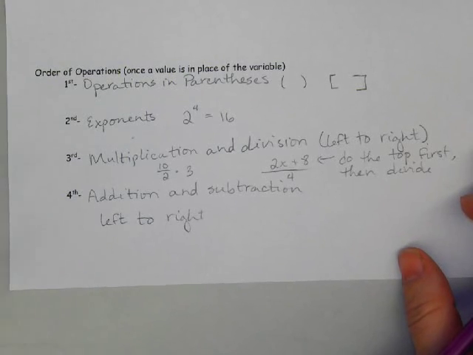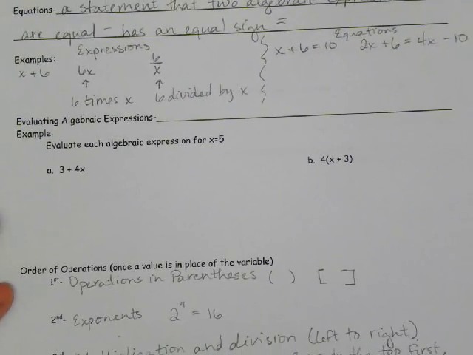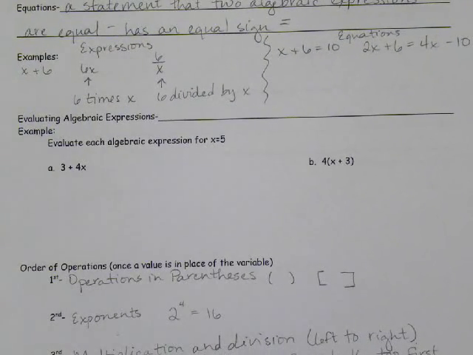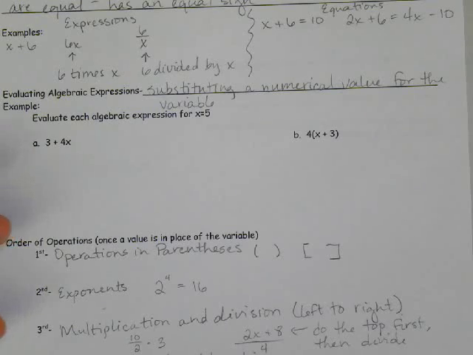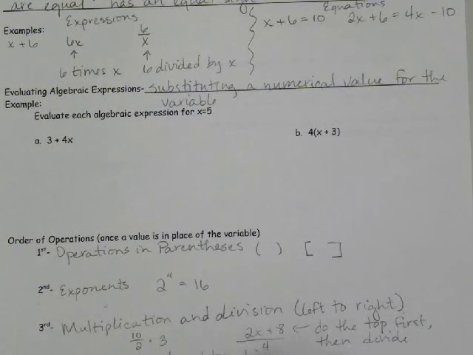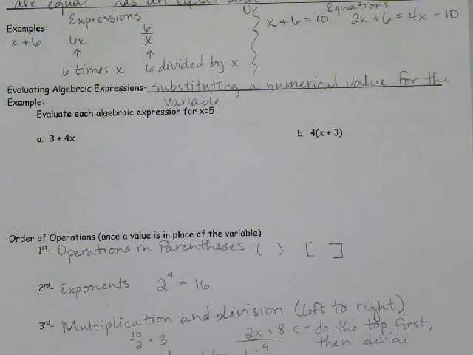So now I'm going to jump back up to evaluating algebraic expressions. What that means is I'm given a value for a variable, and I simply substitute that value in. I substitute that numerical value into the expression, and then I use the order of operations to simply do the math.